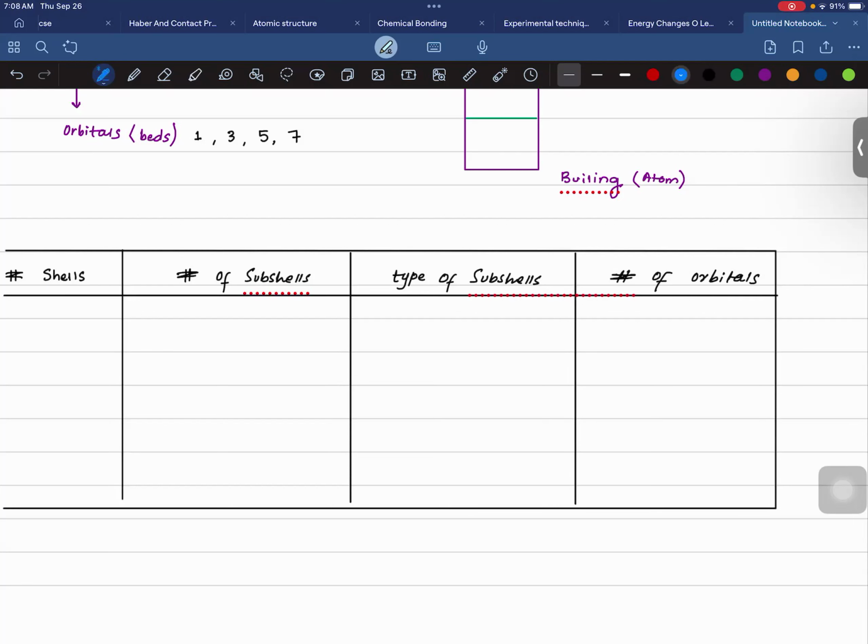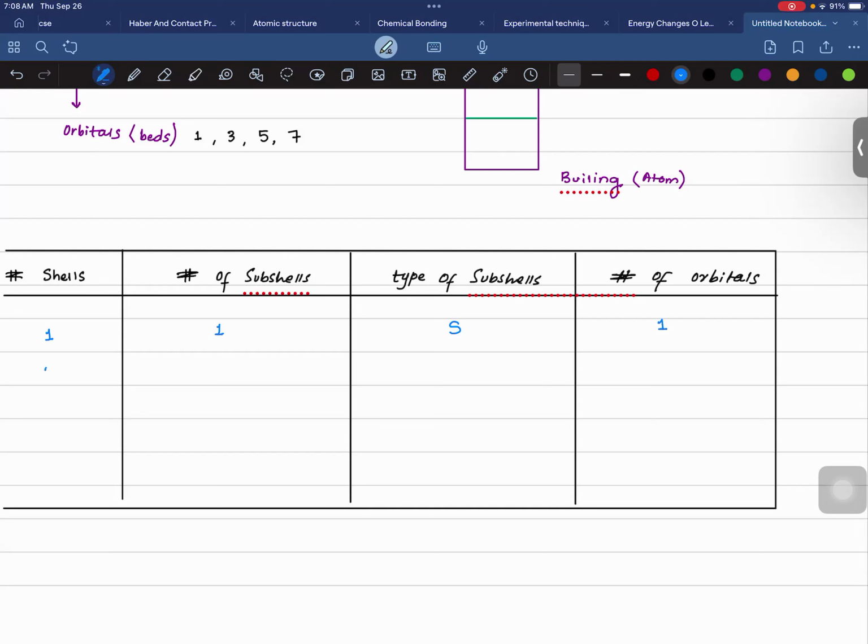Let's suppose we have one shell, the first shell, in which we have only one subshell, the type of subshell is S, and in the S subshell you have one orbital.